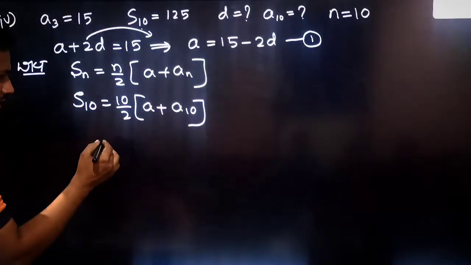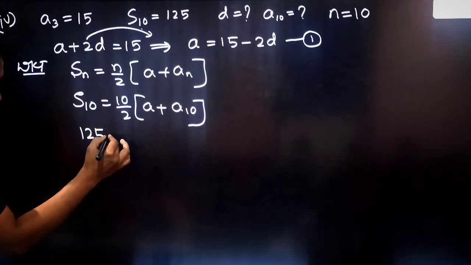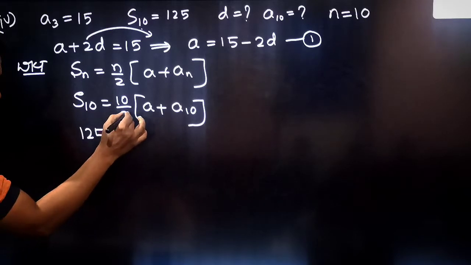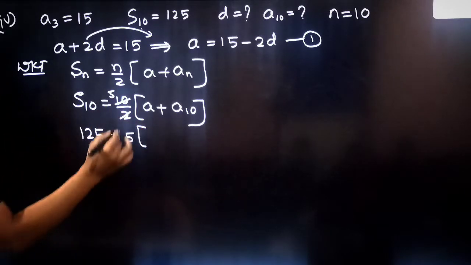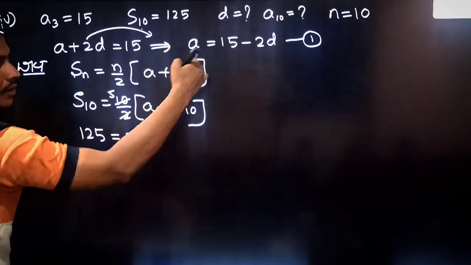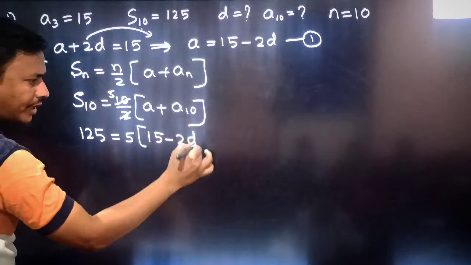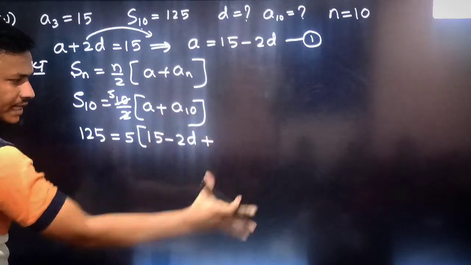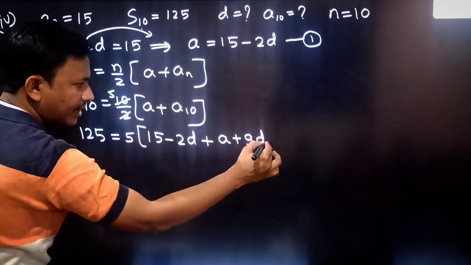Okay. This S10 is equal to 125. Then this is equal to 2 1s are 2, 5s are 5 in bracket. What is a value? 15 minus 2d. 15 minus 2d plus A10 can be splitted as a plus 9d.